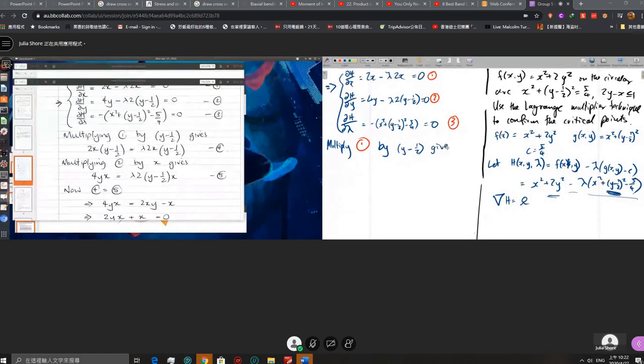Now it's like, what's your favorite method of simultaneous equations? So we've got 2x outside, y minus a half, is equal to lambda 2x, y minus a half. I've just moved that bit over to that side. Now we multiply 2 by x.